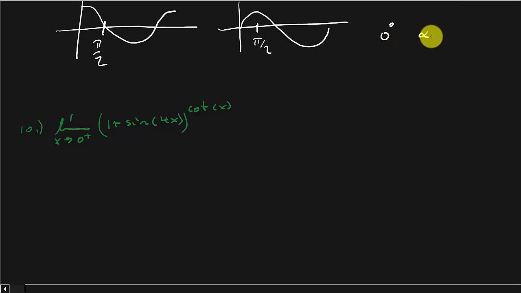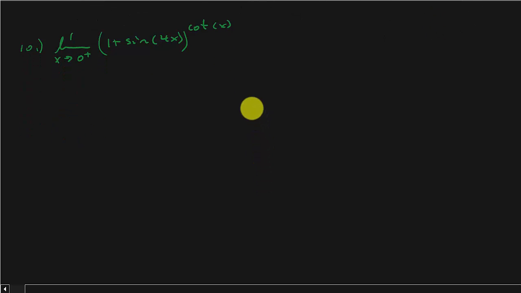You may get infinity to the 0, and you may get 1 to the infinity. So these are all indeterminate forms. This raised to the 0 and this raised to the 0, that's not 1. So how in the world do we work this? Well, let me show you.